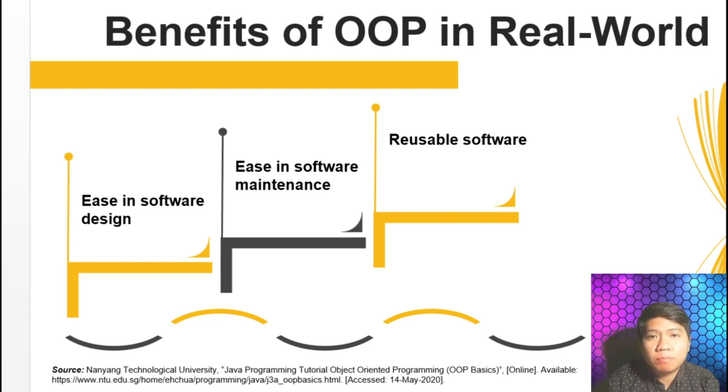Ease in software maintenance, because object-oriented software is easier to understand. Therefore, it is easier to test, debug, and maintain. And of course, the last one, reusable software, because you don't need to keep reinventing the wheels of a car and rewriting the same functions for different situations. You just need to import or include it in your new project.